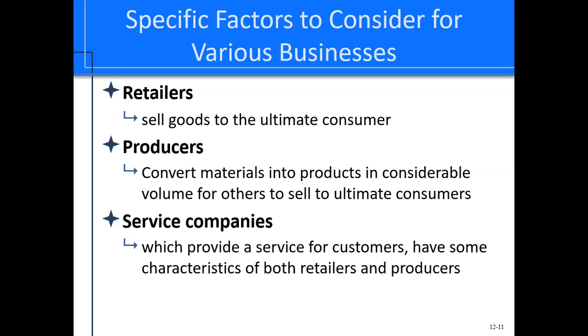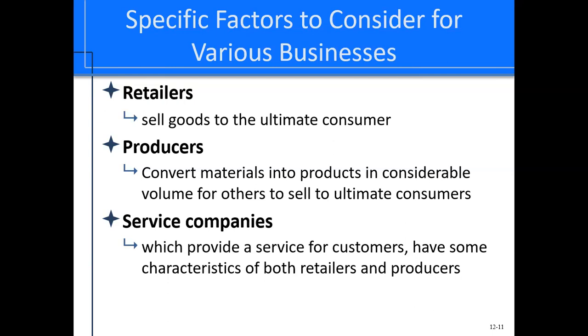Some specific factors to consider for different businesses. The retailers sell product to the end user, okay? Producers convert material into product in a big amount for others to sell to the end users. And the service company just provides service to customers.